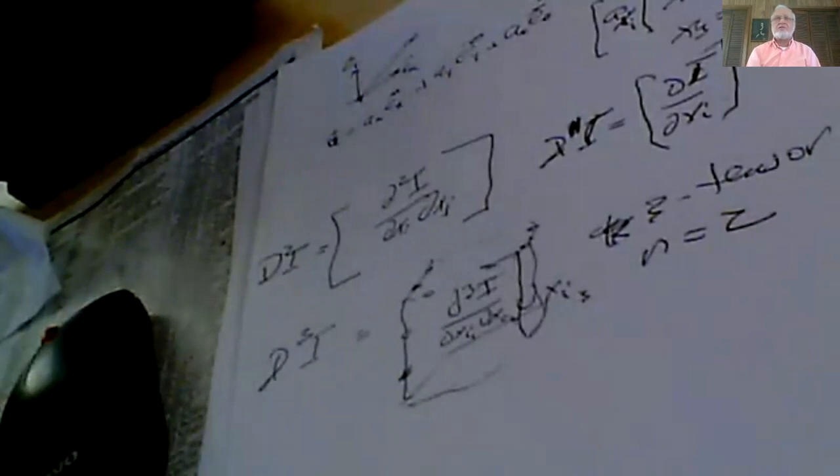And the reason it doesn't matter is that the derivative values are independent of the order of the subscripts. So just as d2I by dx by dy is the same as d2I by dy by dx, it's also the case that d3I by dx by dx by dy is the same as d3I by dx by dy by dx is the same as d3I by dy by dx by dx, and so on.